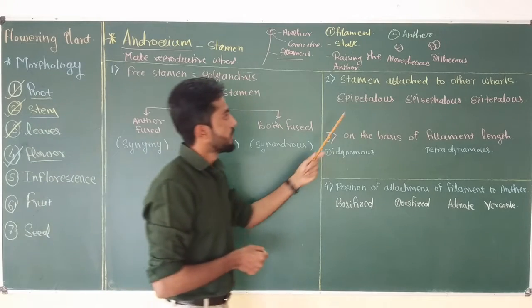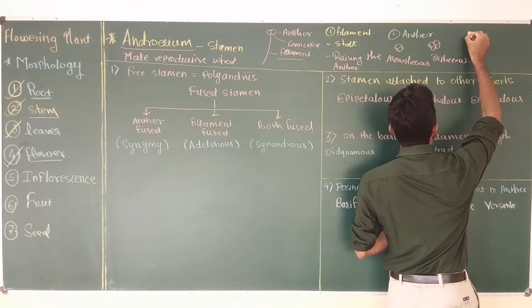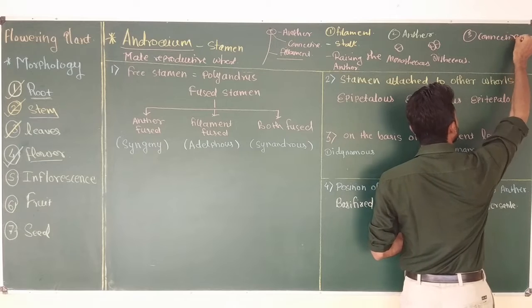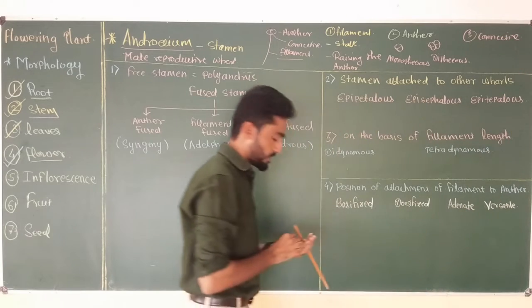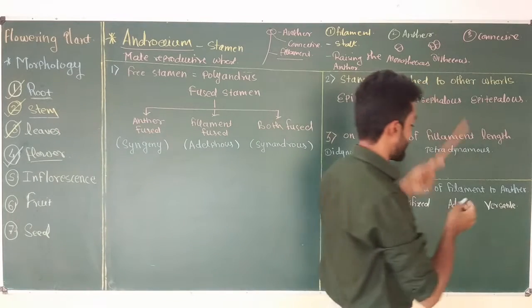Now the third important part of the stamen is the connective. Connective is nothing but the midrib-like structure which is present in dithecous type of anther.